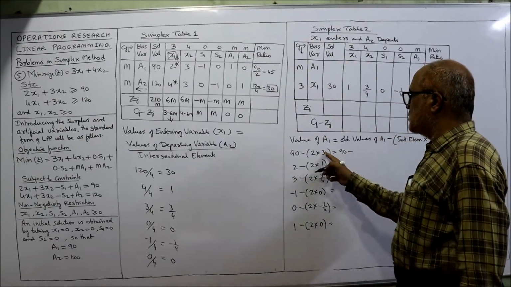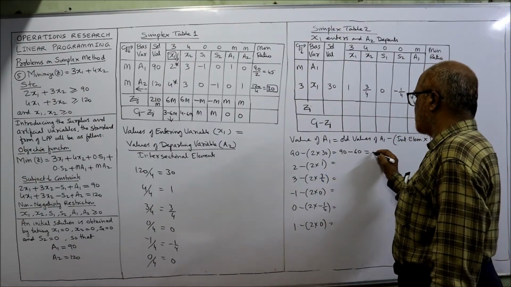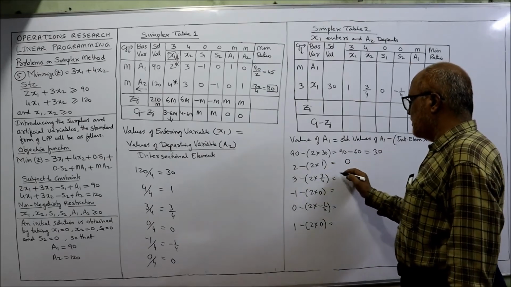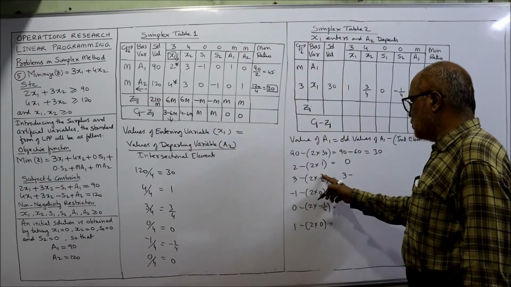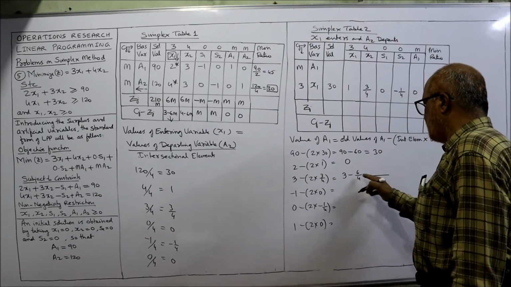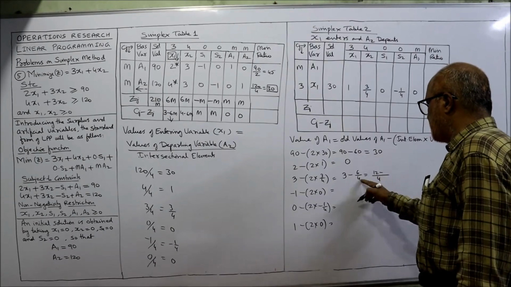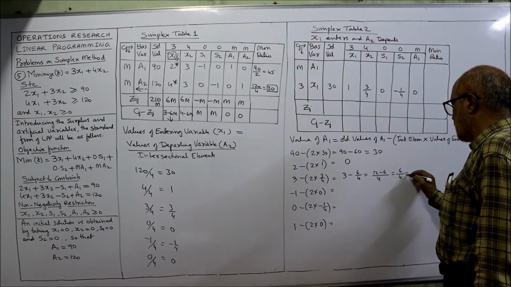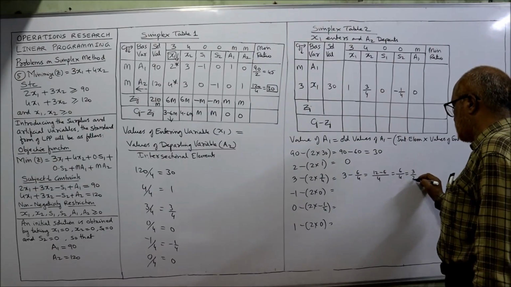So now we need the values. 90 minus 30 into 2, which is 60, comes to 30. And 2 minus 2 is 0. 3 minus 2 3s are 6 by 4. If you take LCM 4, 4 3s are 12, minus 6, so 6 by 4 or 3 by 2.